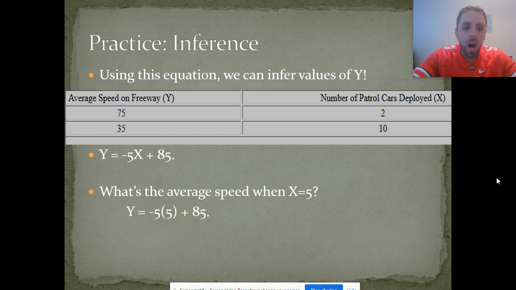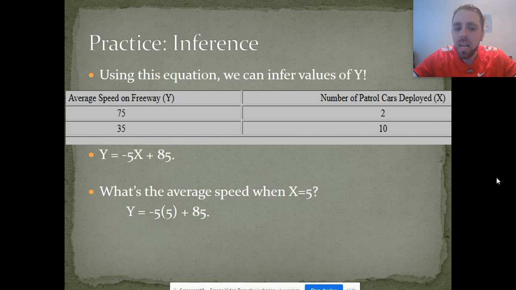Well, y equals negative 5 times 5 plus 85. Do you see how that's operating there? I kept the value of b, and I kept the value of a in there. And now I'm going to try and figure out the value of y when I have 5 cop cars deployed. I just plug that in as a potential value of x.